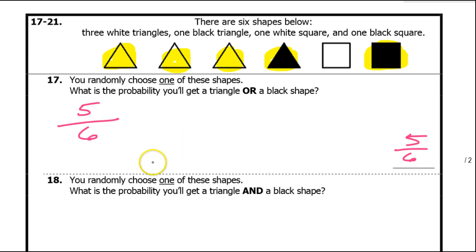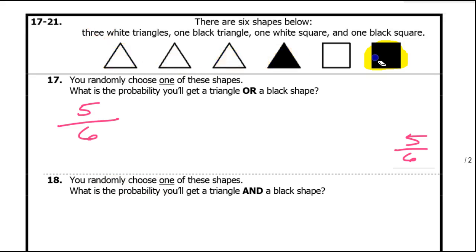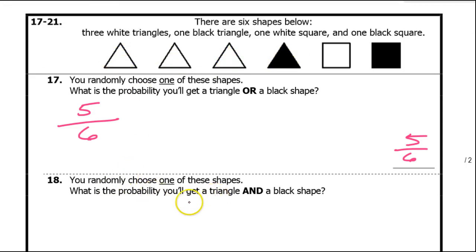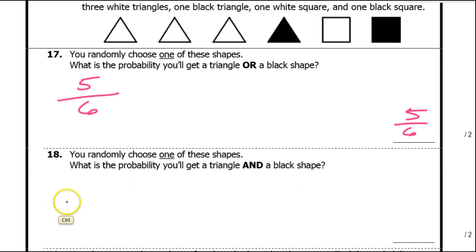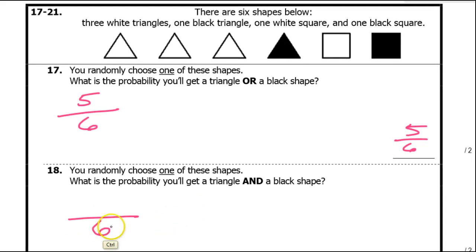Okay, what else? Let me erase my highlighting so I can get ready to start over. You randomly choose one of these shapes. What is the probability that you'll get a triangle and a black shape? All right, we're still doing probability, so total of 6, target over total.